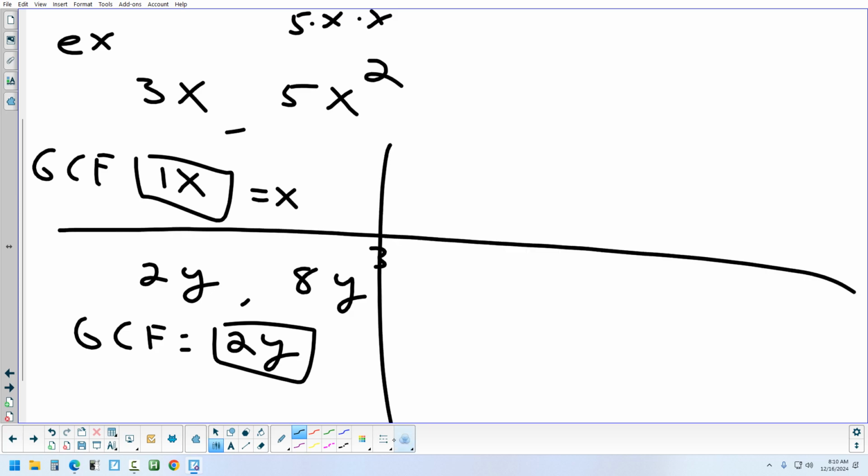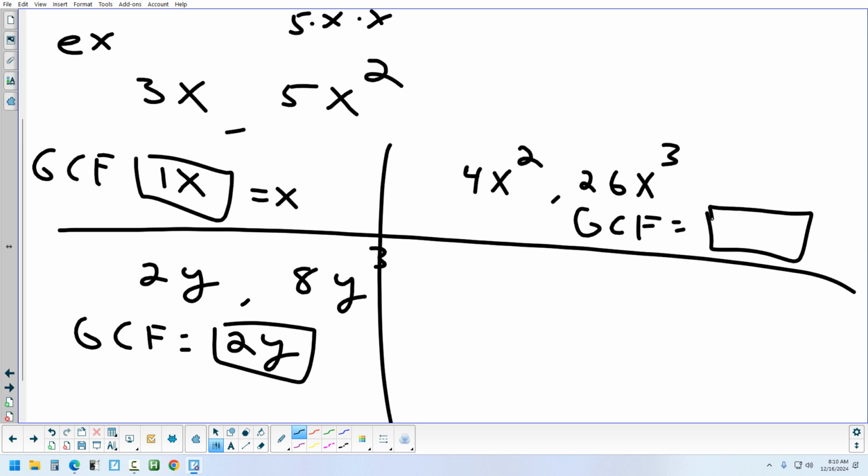All right, let me make up another one. Let's do 4x squared and, I don't know, 26x cubed. Now I want to find the GCF.